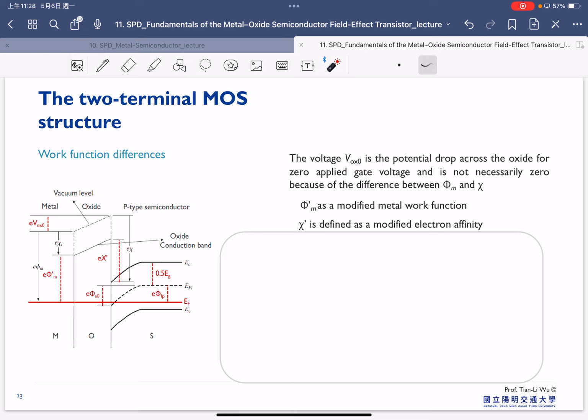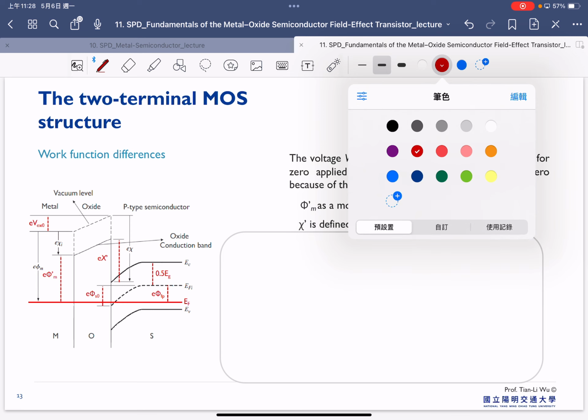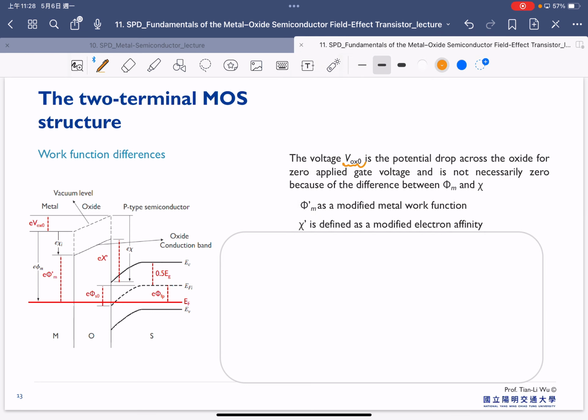So first of all, the VOX0 here is the potential drop across the oxide for zero applied gate voltage, but it is not necessarily zero because of the difference between phi m and the electron affinity. And also this is the metal work function.